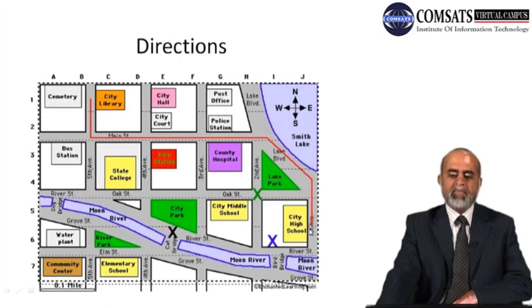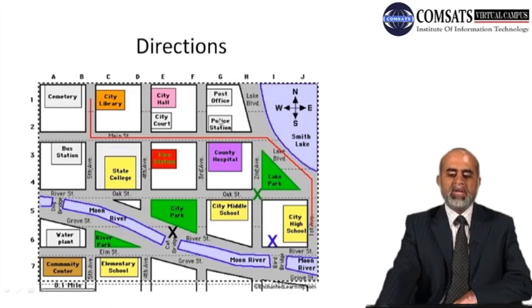Or you can say go straight ahead until you find a lake in front of you. Then turn left along the park. And then turn left into the first road that you see.